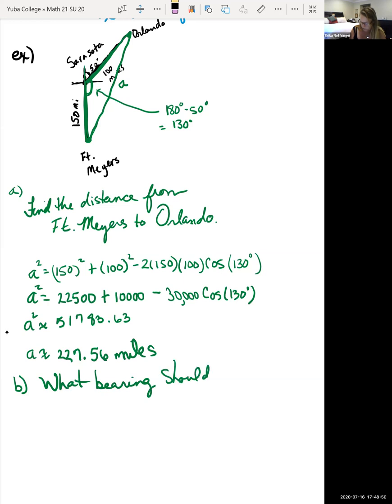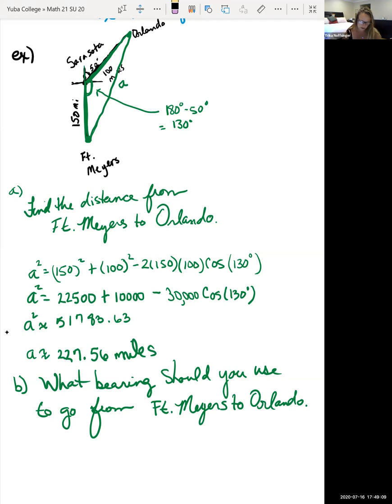So they're going to take off, instead of going to Sarasota first and then Orlando, and they want to know if we take off here and just go directly to Orlando, what is the bearing that they have to fly?